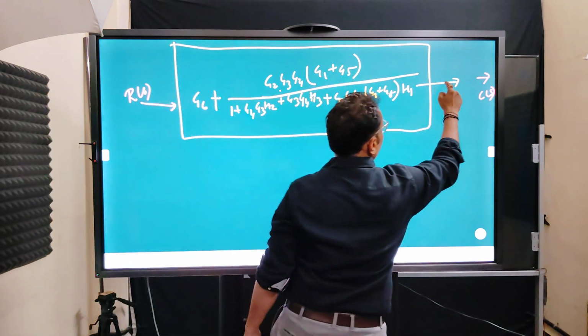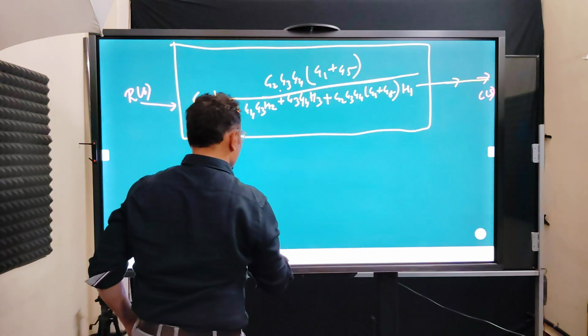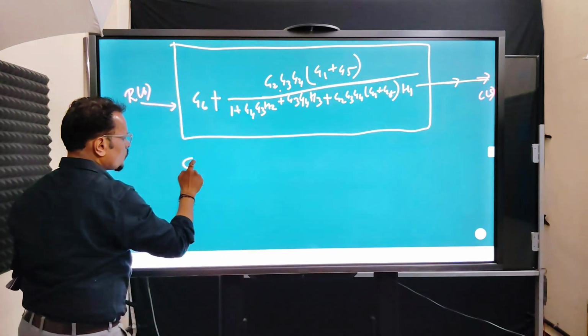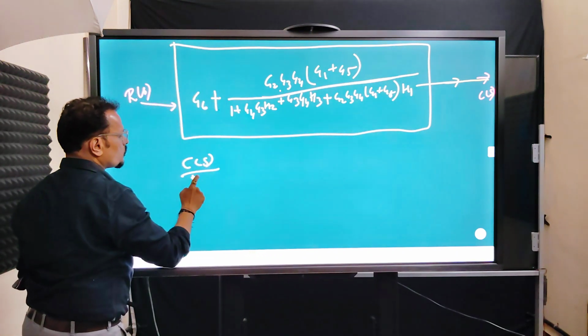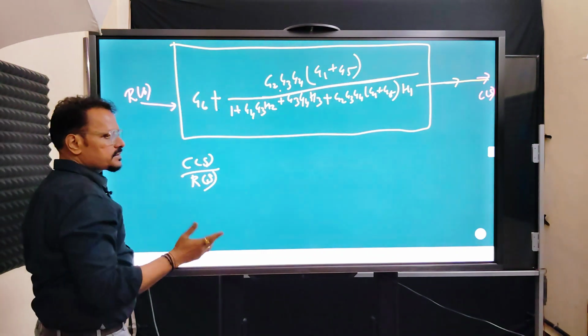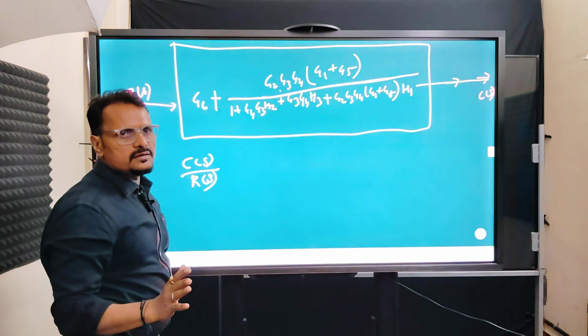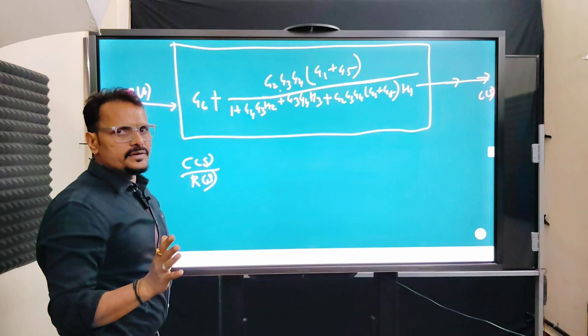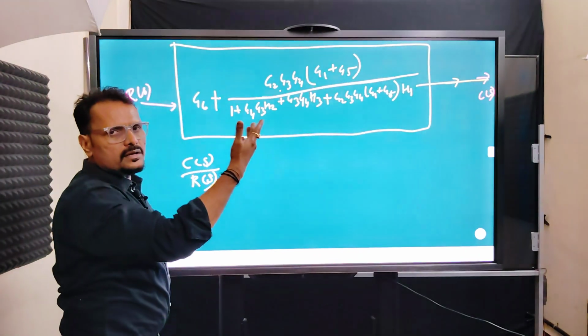So we can write down this transfer function. Transfer function means output upon input. So in transfer function there is no use of any power supply. Supply we are not considering. We are considering only input and output.